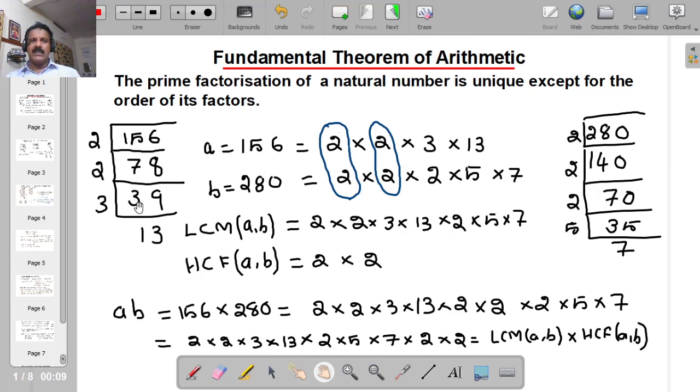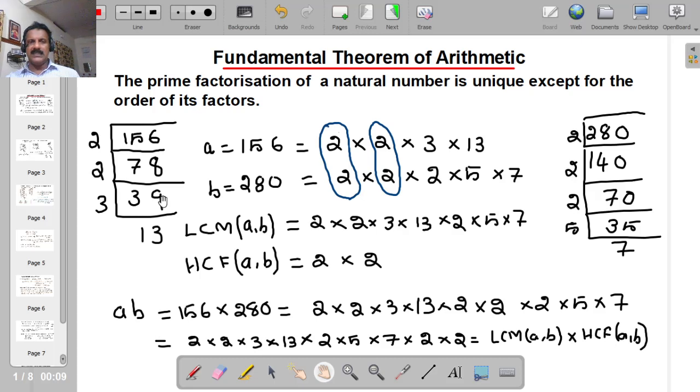We know that a natural number is divisible by 3 if the sum of its digits is divisible by 3. The sum of the digits of 39 is 9 plus 3, which is equal to 12. 12 is divisible by 3, so 39 is divisible by 3.